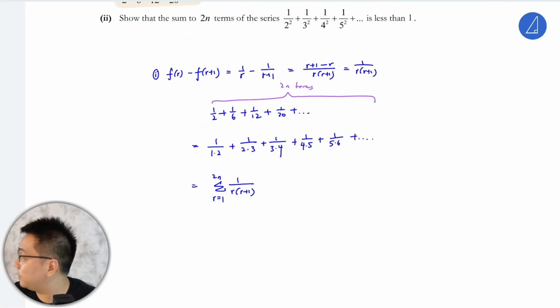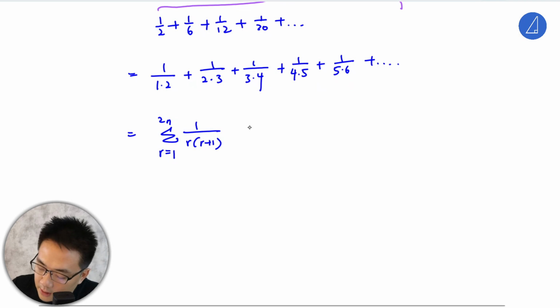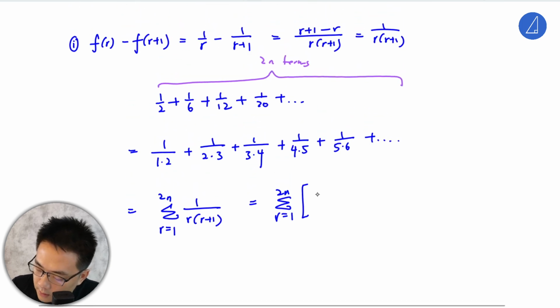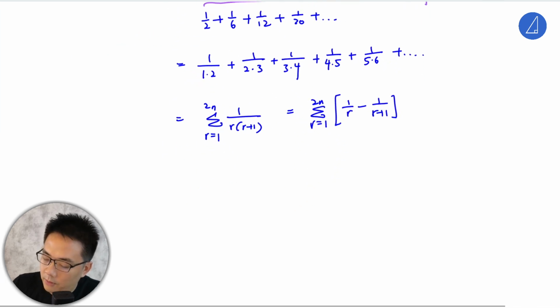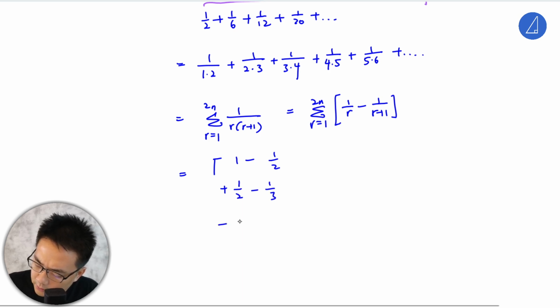Okay, so that's what we're going to do. If this is done, actually it's quite okay like this, the sum from r equals 1 to 2n, then this will be 1 over r minus 1 over r plus 1. From here, it's just a matter of difference. 1 minus 1 over 2, plus 1 over 2 minus 1 over 3, plus 1 over 3 minus 1 quarter.